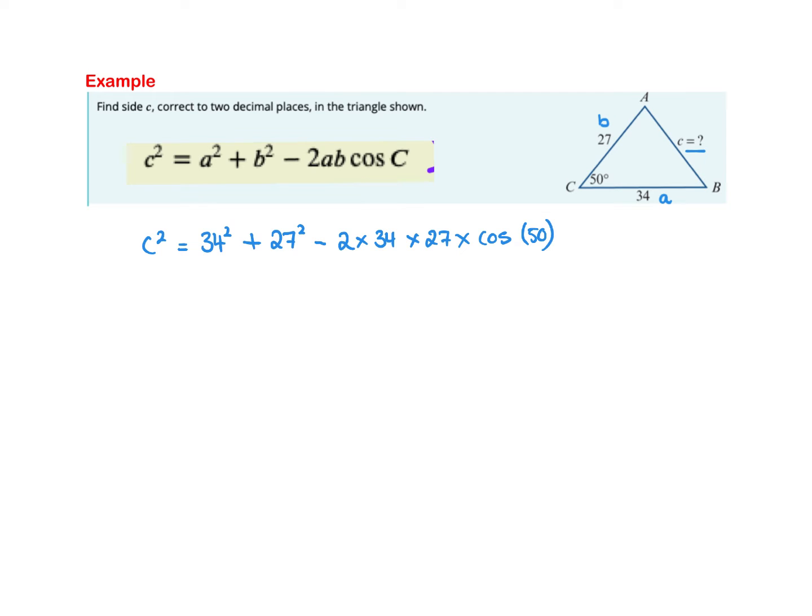So you've written that out, and now all you have to do is pop in solve in your calculator. We're only finding a side length, so we'll just do solve, and then comma C. Take note, the formula says C squared, but you just want to know what just C is. So at the end, we write comma C, but this formula has a C squared at the start.